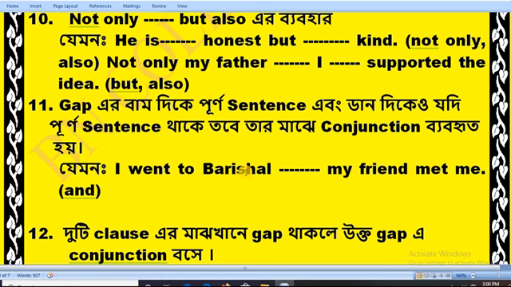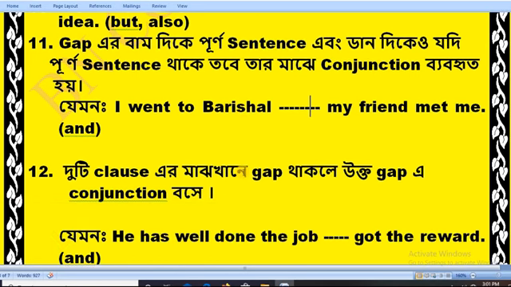I went to Barishal, dash my friend beat me. Both are positive. That's why and will be used. This is the rule. Suppose he is weak, but he can work more, right? That is the rule. Now I'm going to rule 12.